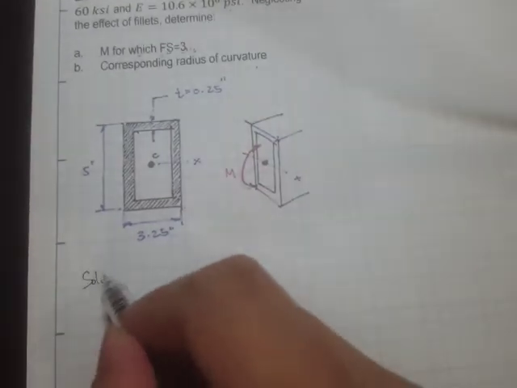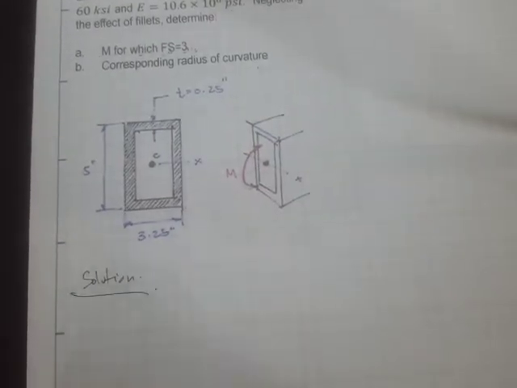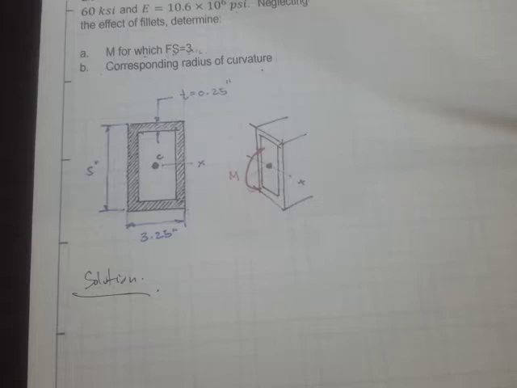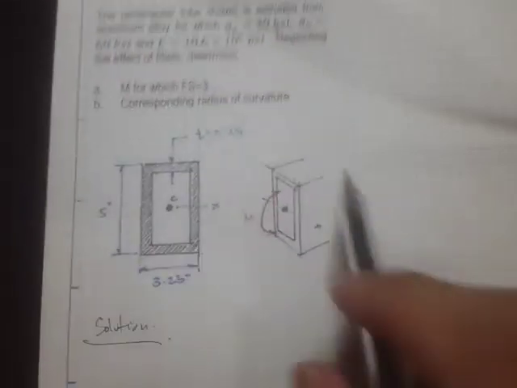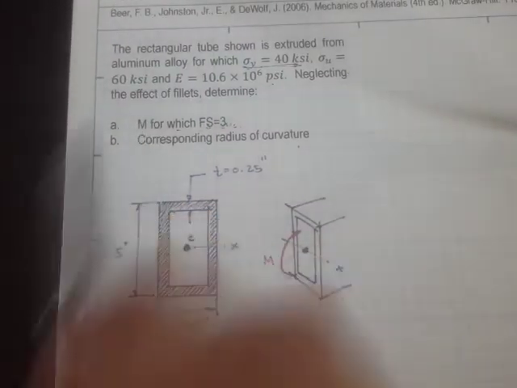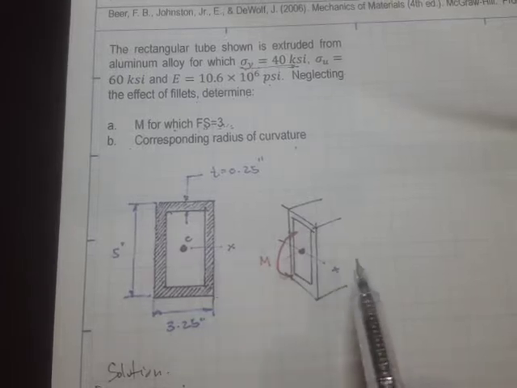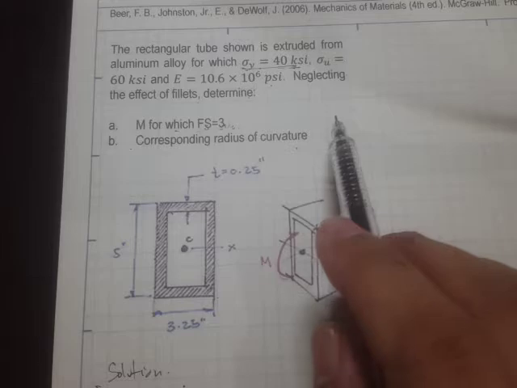So for the solution, we need the internal forces, right? Typically, if we are asked to find the stress, we need the internal forces and the geometric properties. But right here, we are asked to find the internal force. So there must be a way in which we can obtain the value of the stress.